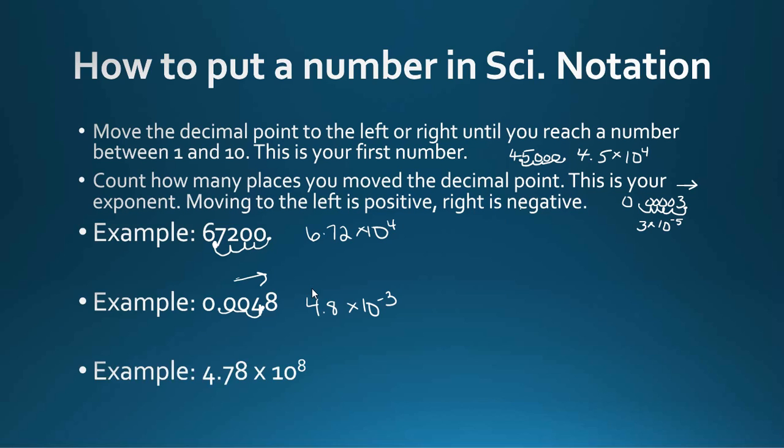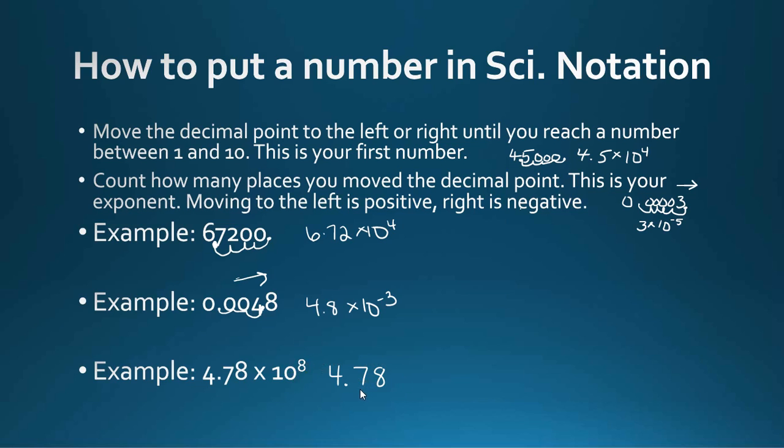Now we want to take this number in scientific notation and write it as a normal number, a regular whole number. What I like to do is start by writing the initial first number, and we know that we moved our decimal point 8 places to get to this.